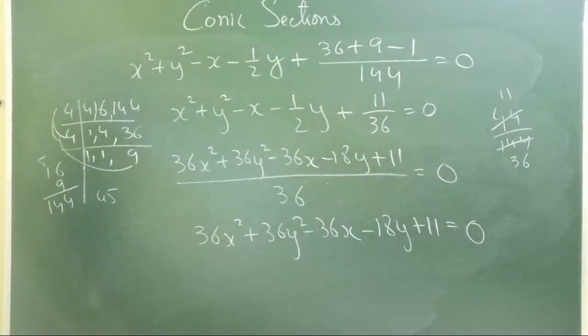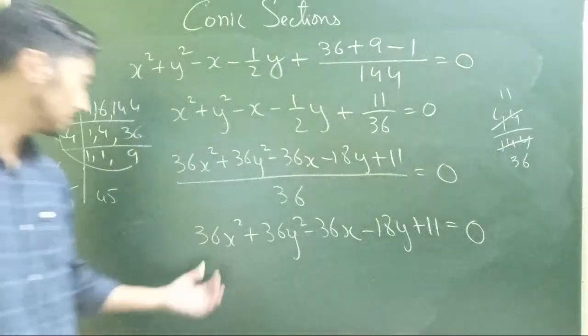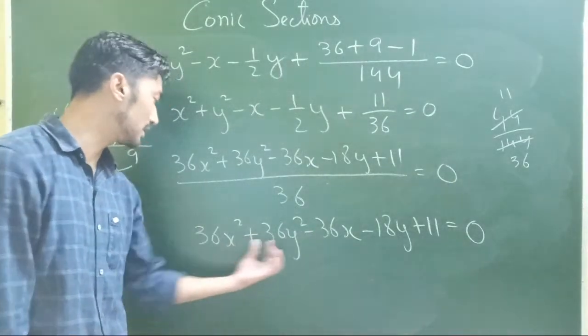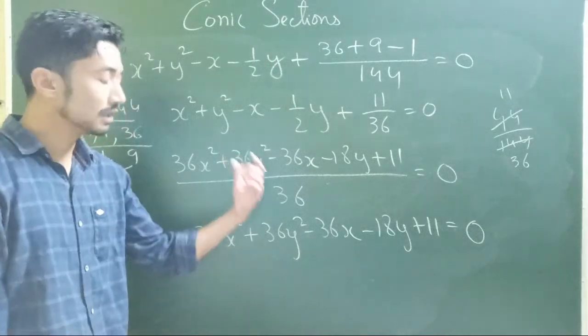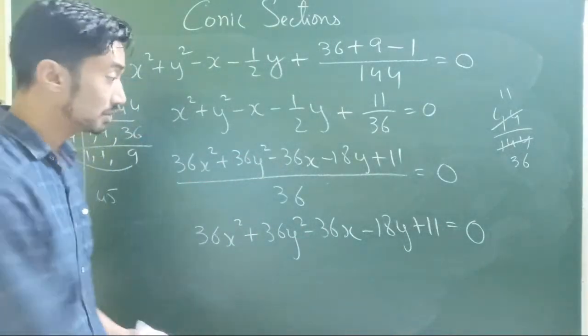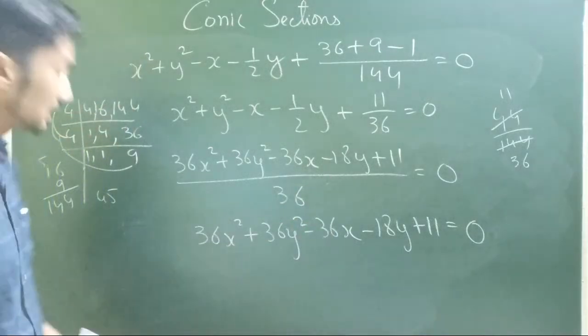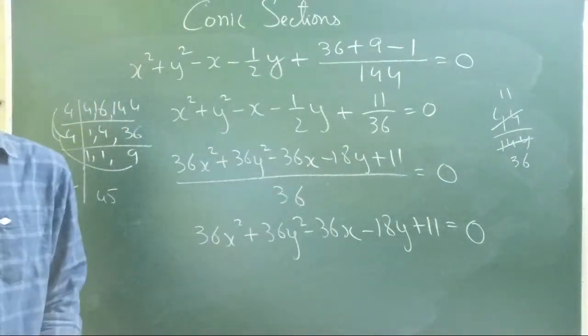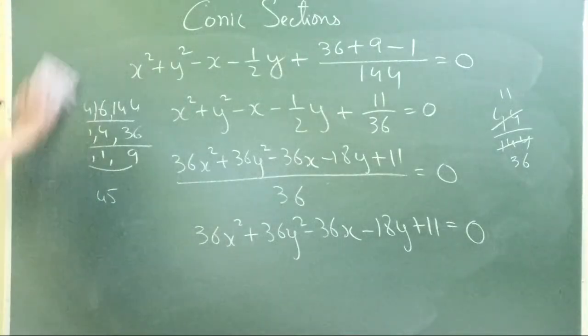You can see that the coefficients of x square and y square are the same, 36 and 36, it is a second degree equation, and has no term containing xy. So unless we made some mistakes with our addition and subtraction, the equation is in the general form and represents the general form of a circle.